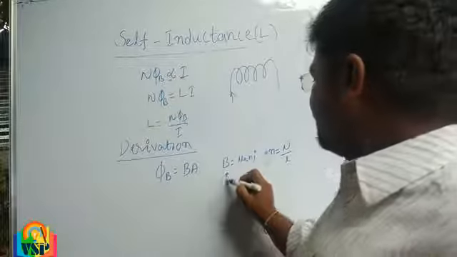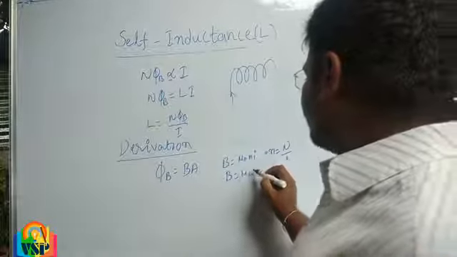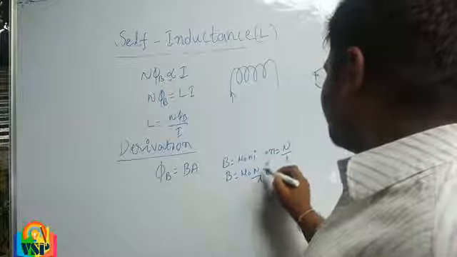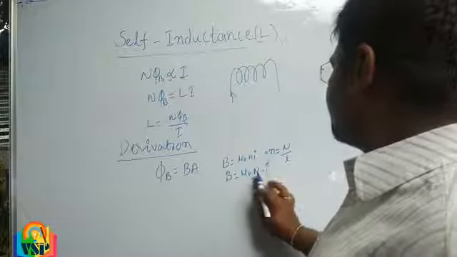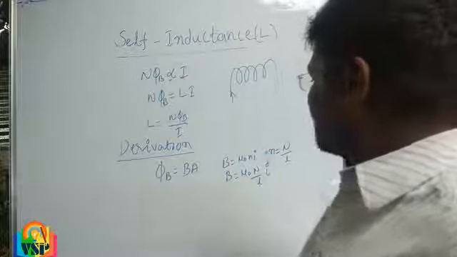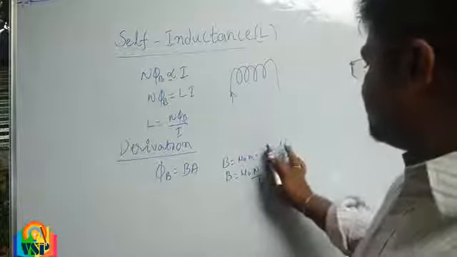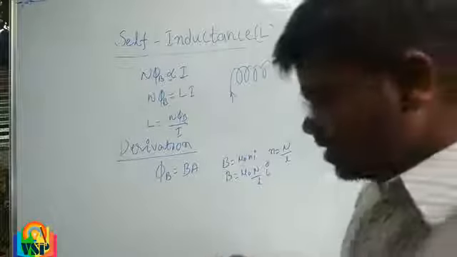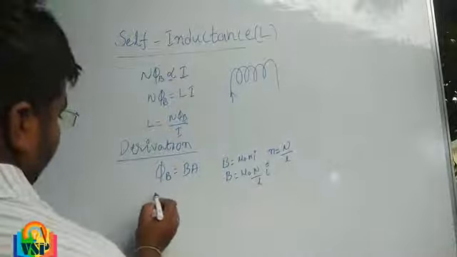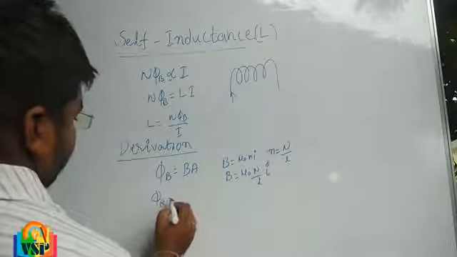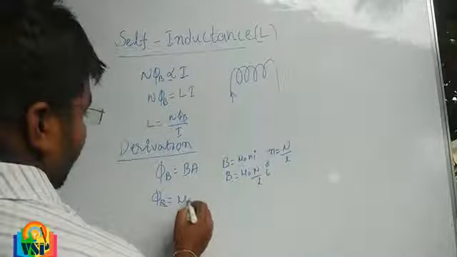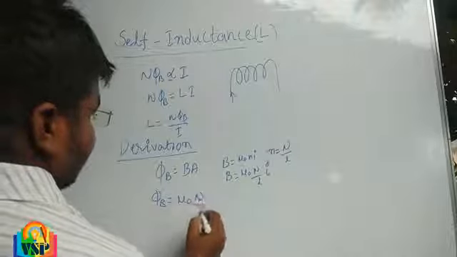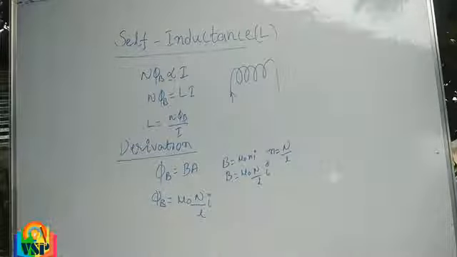B is equal to mu naught capital N by l into I. So phi B is equal to mu naught capital N by l into I into A.